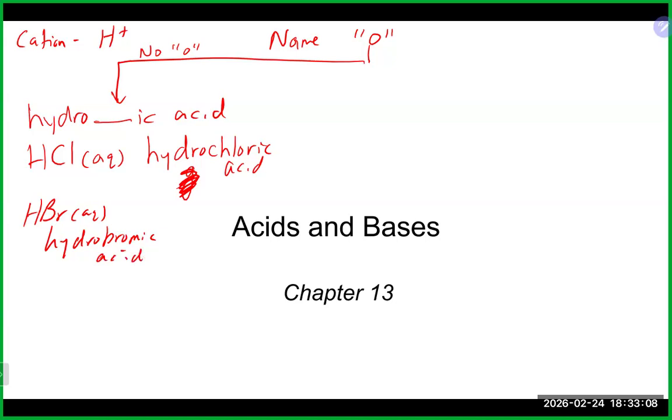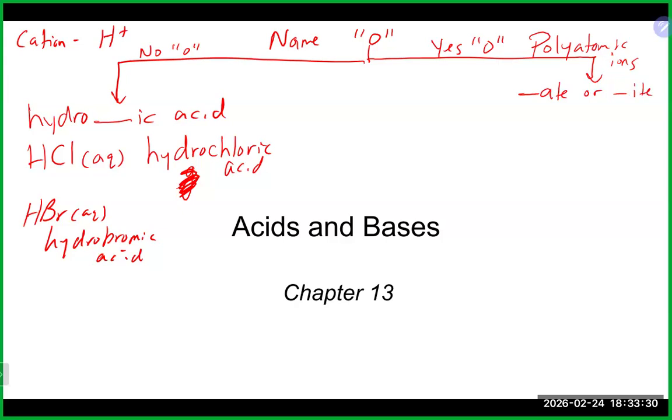If your acid does have oxygen, then it'll probably contain everybody's favorite thing, which is those polyatomic ions, dare I say. And as I'm sure you remember, the polyatomic ions end in one of two ways usually. They either end in ate or ite, the two endings for most polyatomic ions.